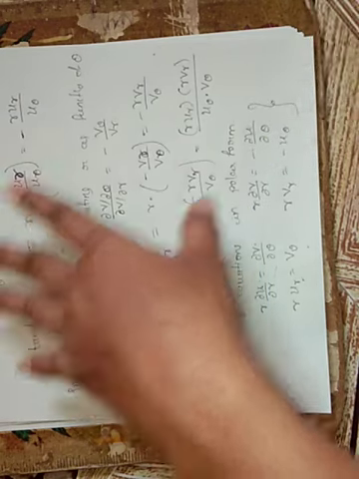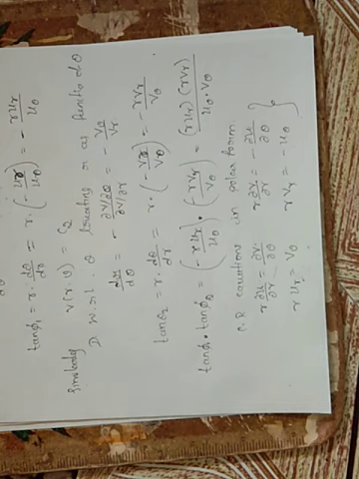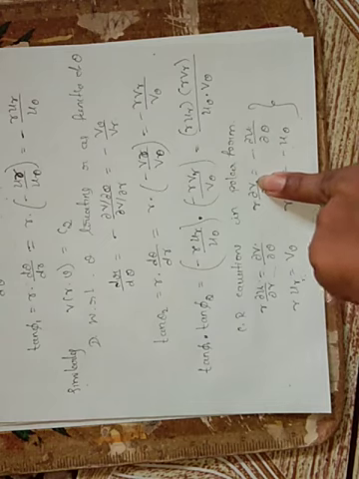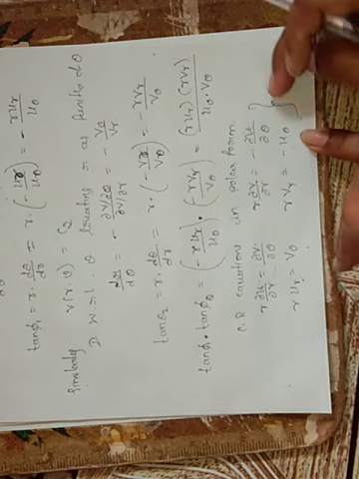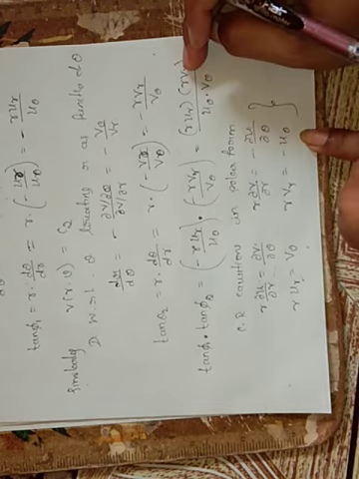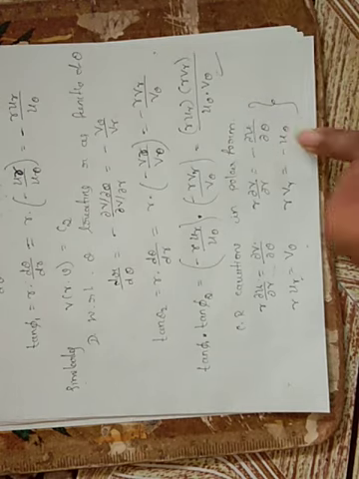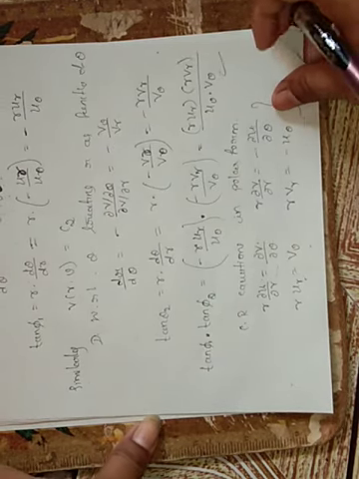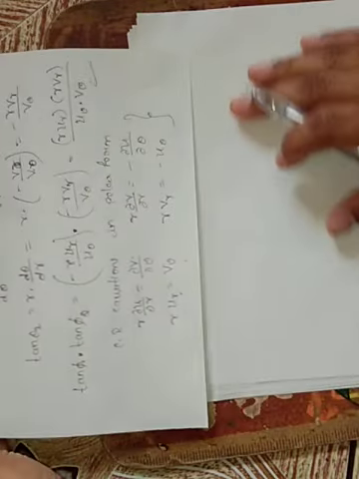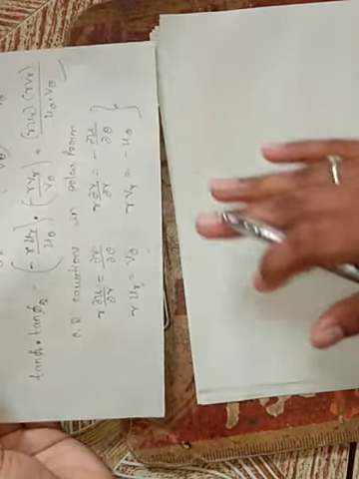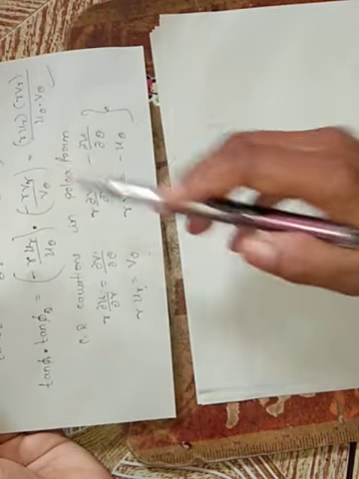Because we have already stated that f of z is analytic, it compulsorily satisfies the CR equations. If these CR equations are satisfied, you can use them in this equation. So I am going to use these CR equations in this equation.